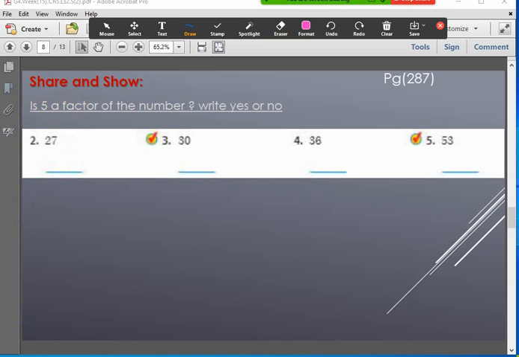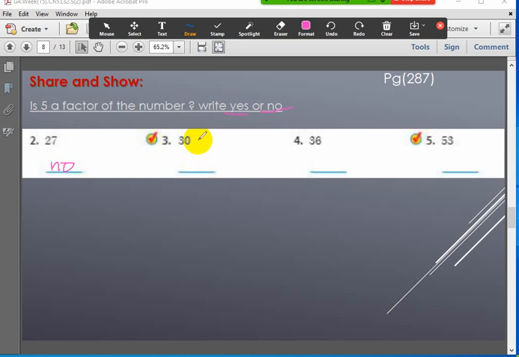Here, the ones digit is what? It is 7. That means this number is not divisible by 5, that means 5 is not a factor of 27, and the answer is no. So the answer is yes or no here. Okay, girls?